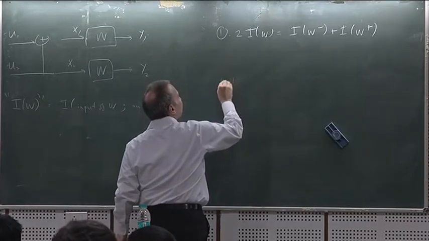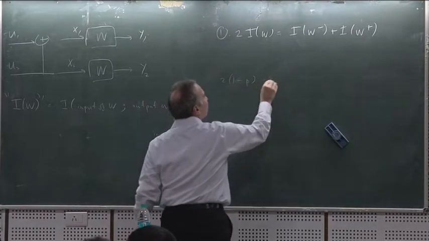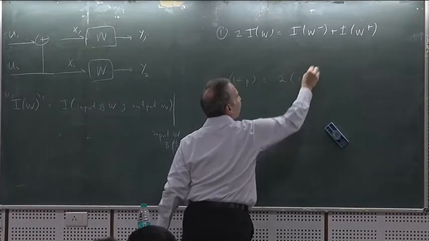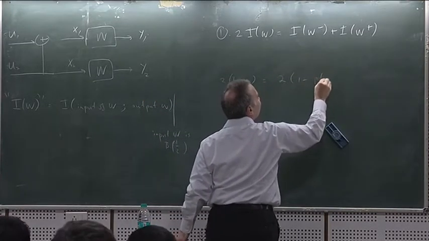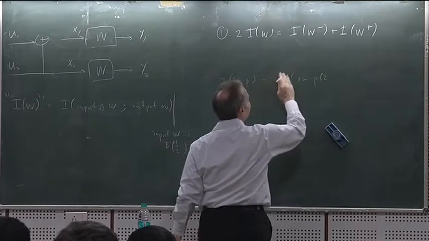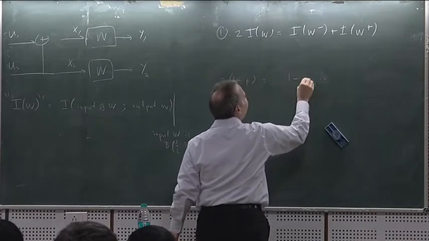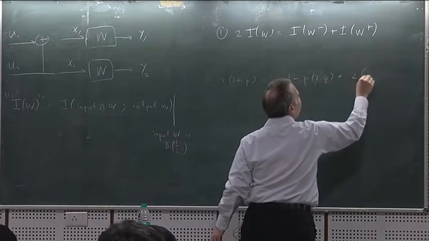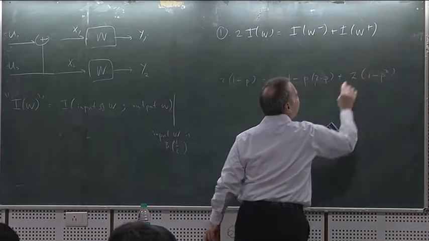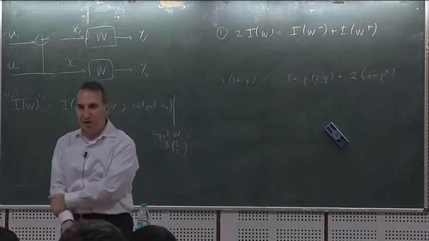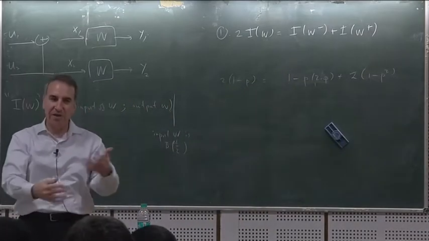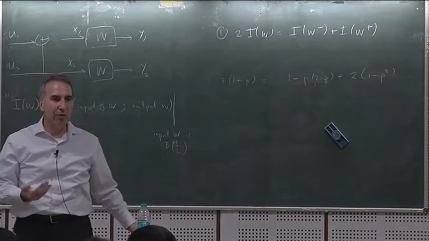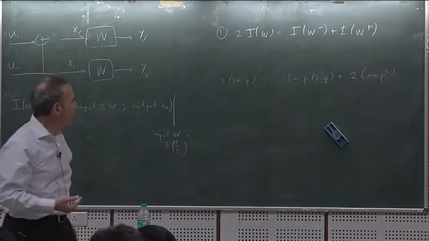This number was twice 1 minus p, which equals 1 minus p, 2 minus p plus 2 times 1 minus p squared. This is the erasure channel case, which is the same thing as saying that the erasure probabilities are conserved.